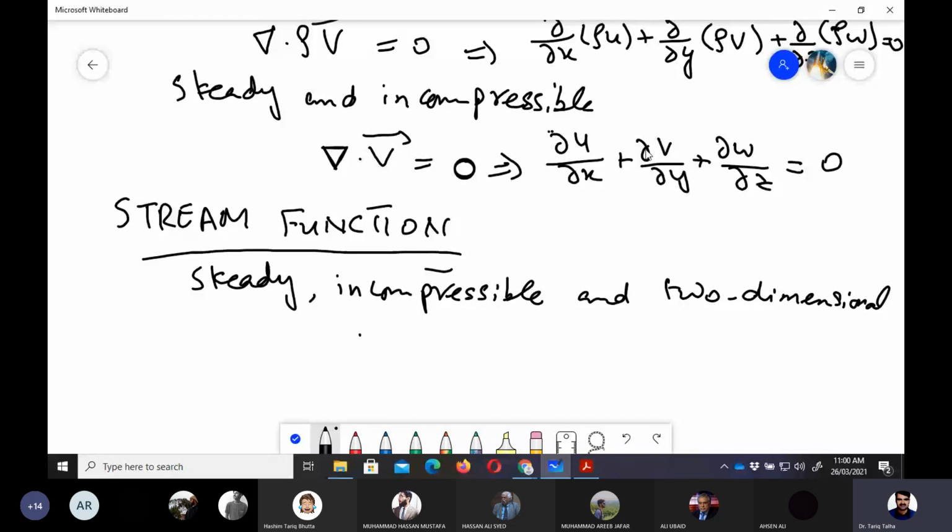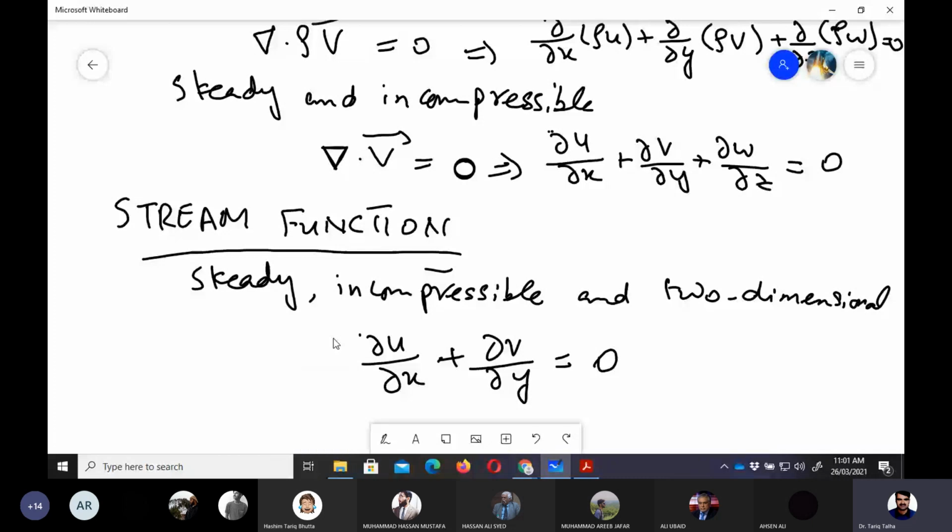For steady, incompressible and 2D flow, the third dimension term, partial w by partial z, would be equal to 0. Then the equation would be partial u by partial x plus partial v by partial y is equal to 0. Now you can see that we have one equation and two dependent variables, which are u and v.